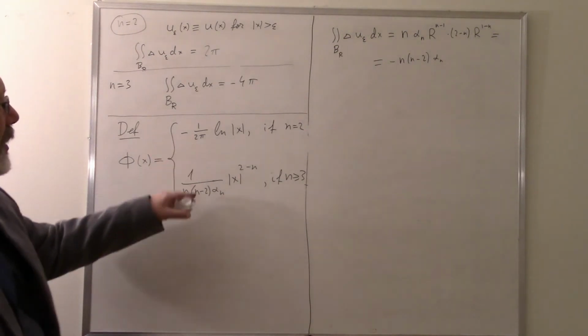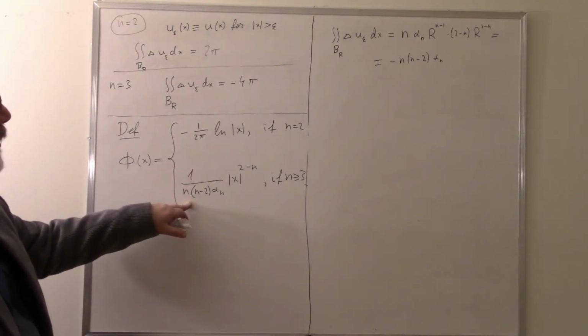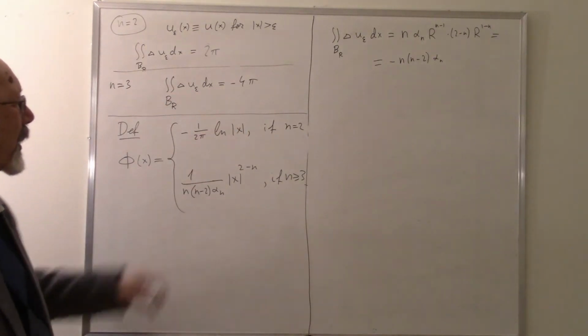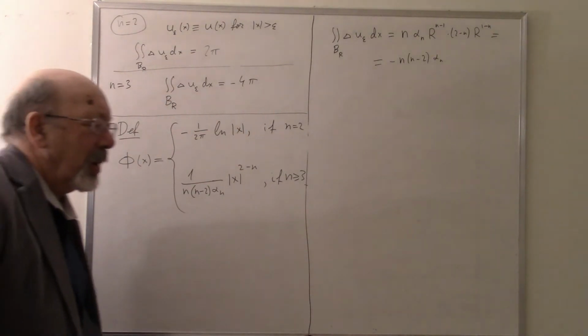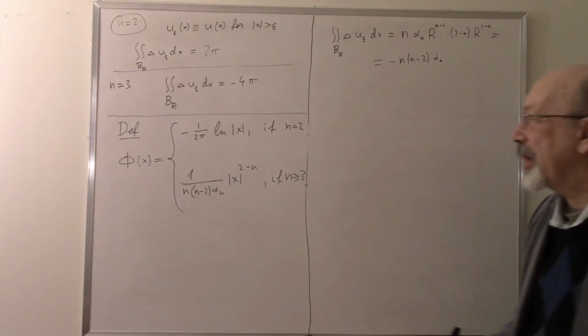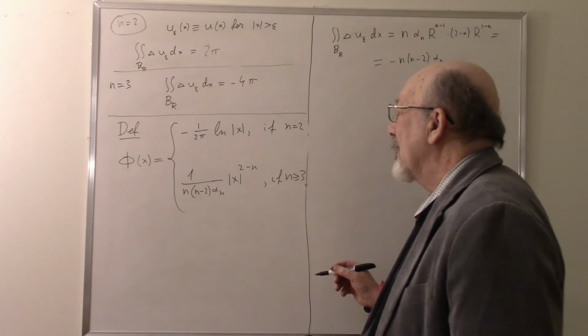Now you can see that for case n equal 3 this agrees with this minus 4 pi. So why minus here and why all this?